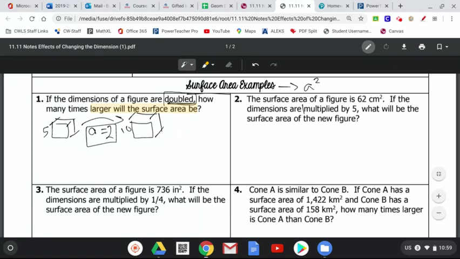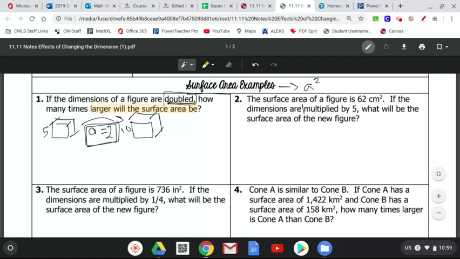Again, surface area is going to be that scale factor squared. We found out that our scale factor was 2 because we're doubling it. We're going from a 5 to a 10. We're doubling the dimensions.